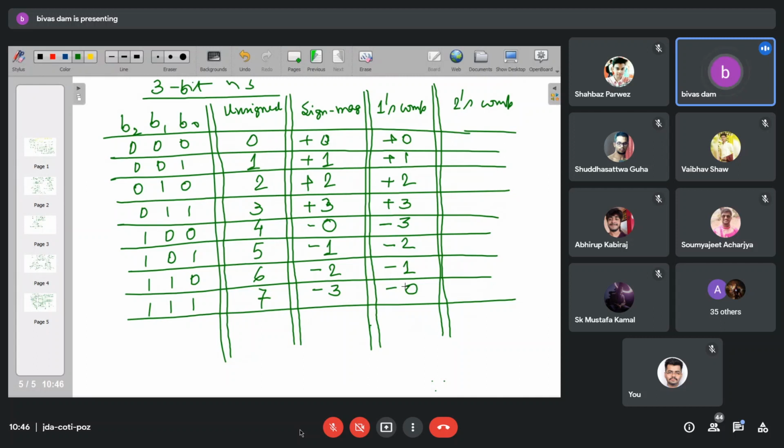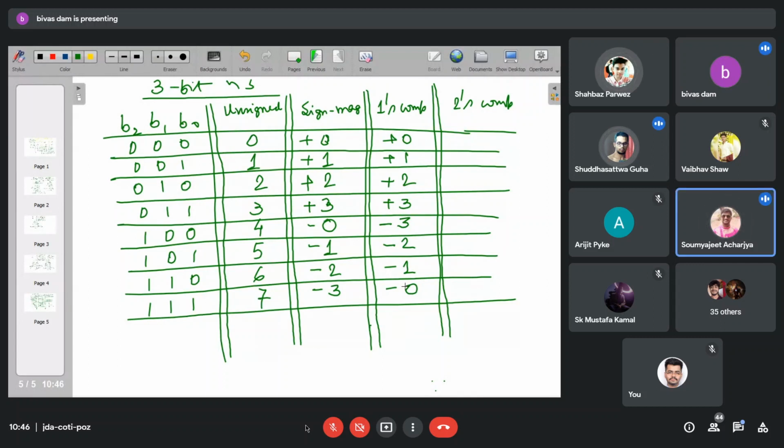For sign magnitude, how many distinct decimal numbers can you represent? Not 8, it is 7. What is the minimum one?